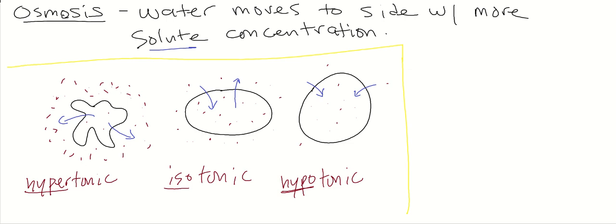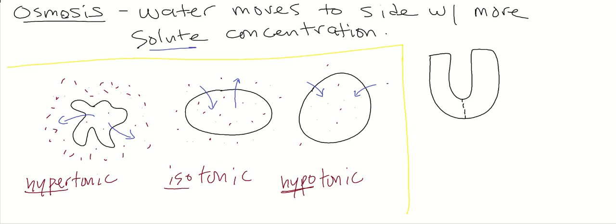Now, there's also commonly on tests these things called U-tubes. They're just U-shaped tubes, and they're separated by a semi-permeable membrane. What that means is water can pass through, but solute cannot.